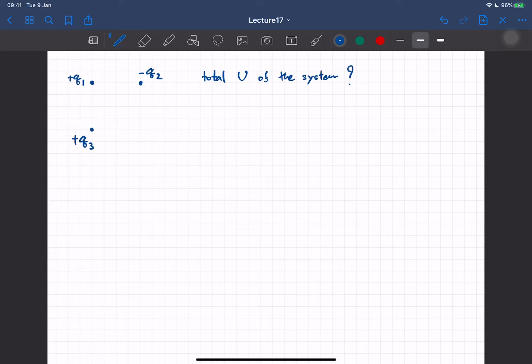So in order to calculate this, you just need to write down the possible pairs of this system. So this is R. Let's just call this A, the distance. This is also A. And of course, then Q2 and Q3 will be square root of 2 times A apart. Like this. Okay. So what's the total potential energy of the system?